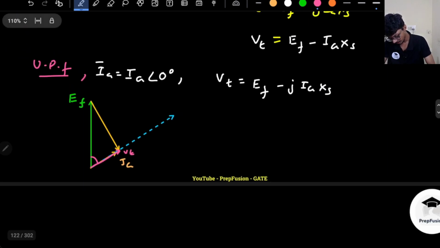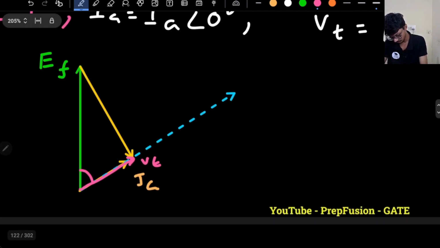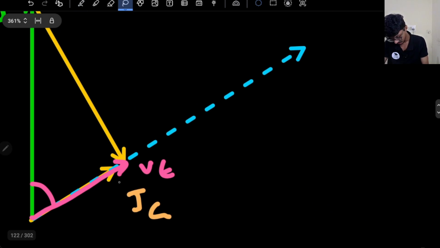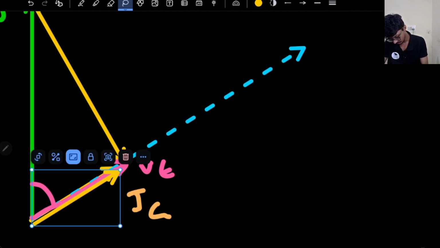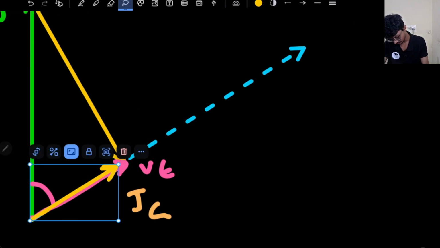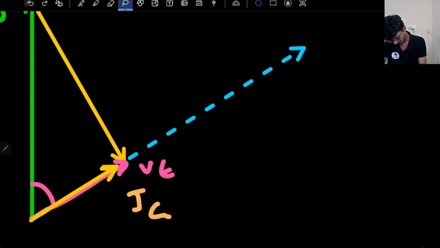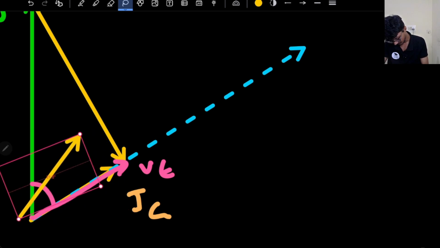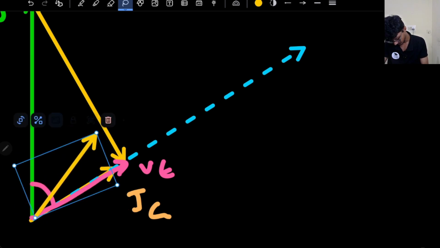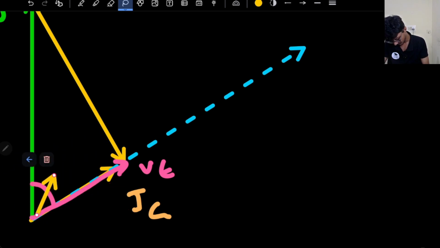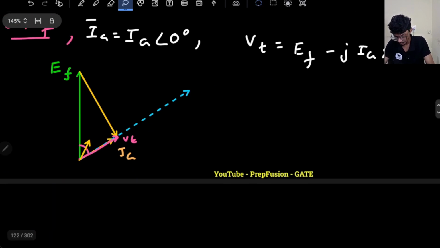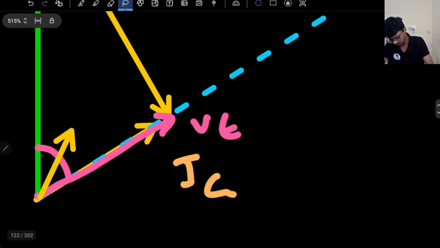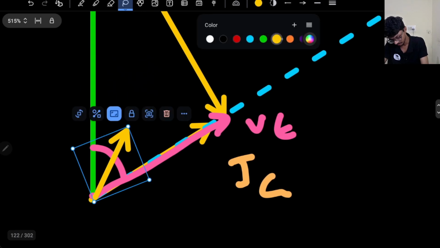Now let me change IA. I can make my IA here, which is also totally fine. Let me make it a bit small. Let's assume IA is here. Again, the same thing. Let me recolor this, otherwise you will get confused.